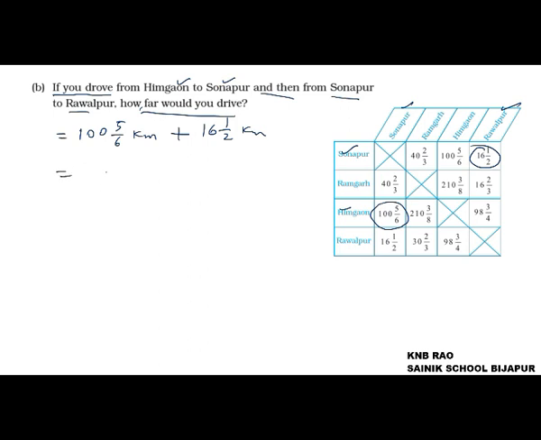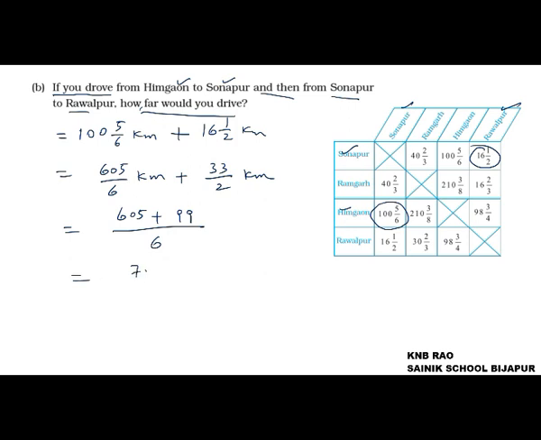So again, converting mixed fraction into improper fraction. Taking LCM. So here 2 is 6 for 3 times. So 3 thirty-threes are 99.